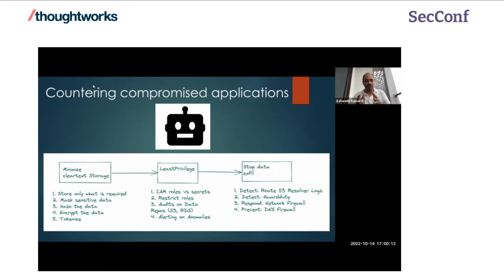When it comes to least privilege, specifically in the cloud scenario, I'm going to use AWS as an example here, because Razorpay is mostly an AWS shop. When it comes to IAM roles versus secrets, IAM roles are preferred because you can do fine-grained policies: this particular role gets access to these secrets, and the kind of access is going to be read access or write access and so on, right?